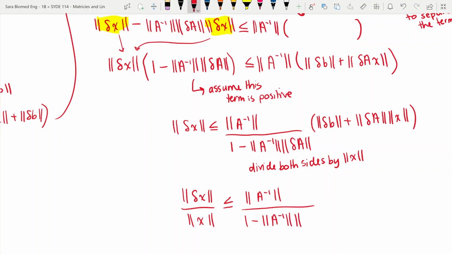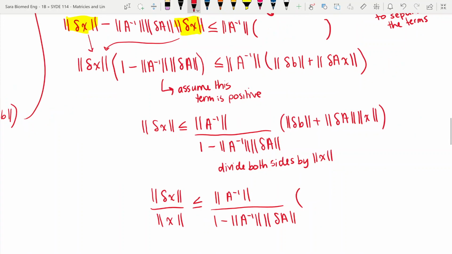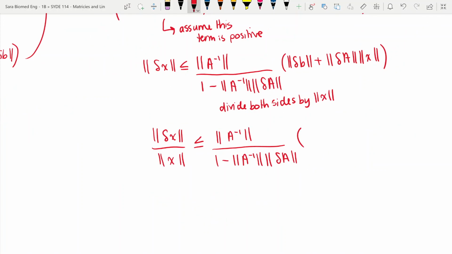And here it's going to be delta B divided by x norm plus this. There's a norm of x here, so it's going to cancel out, so it's going to be norm of delta A. Okay, now it looks a little more like that because there's no x anymore in this term.